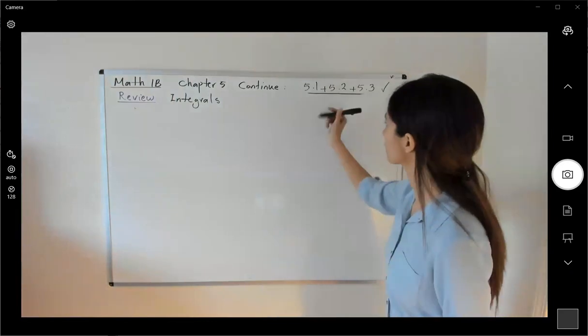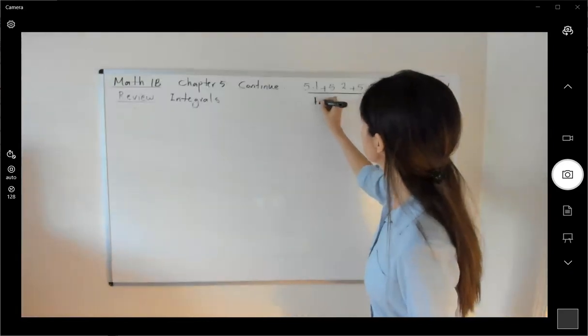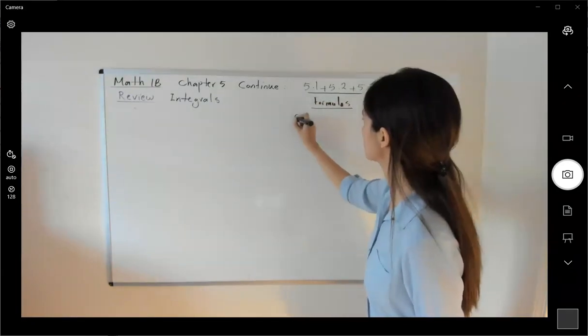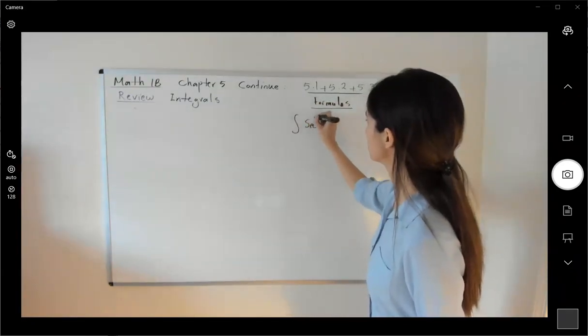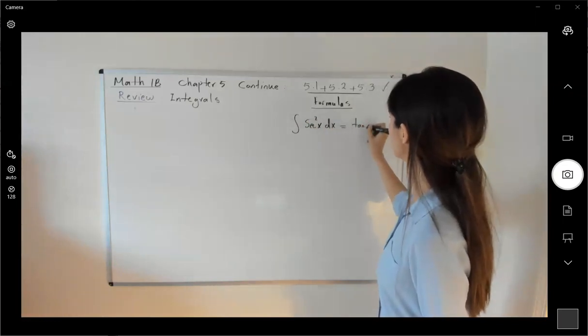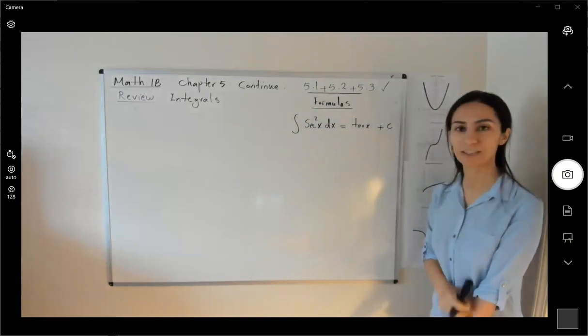So, formulas. The integral of secant squared of x is equal to tangent x plus constant of integration.